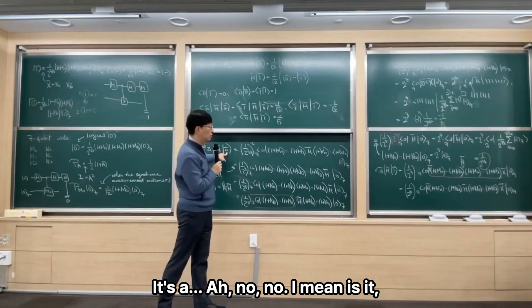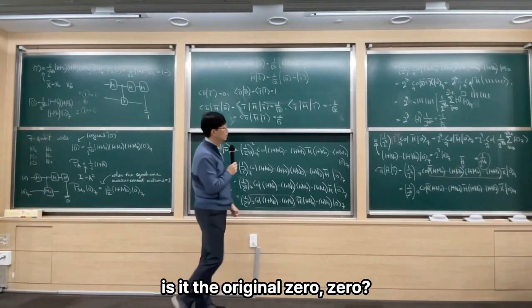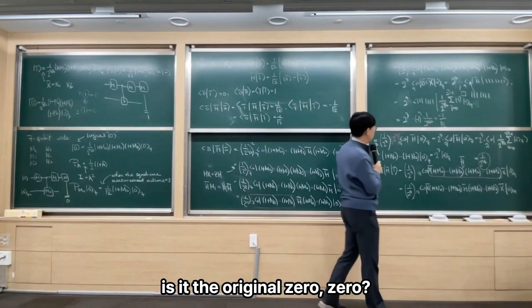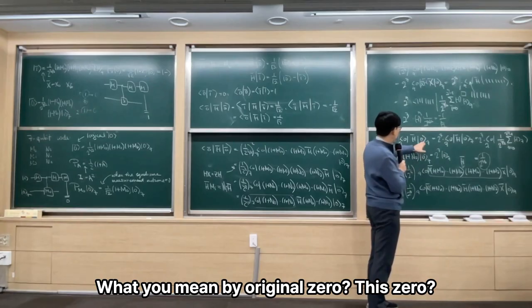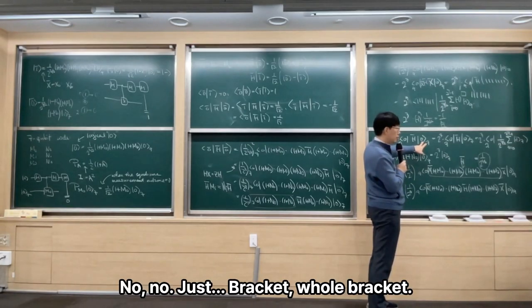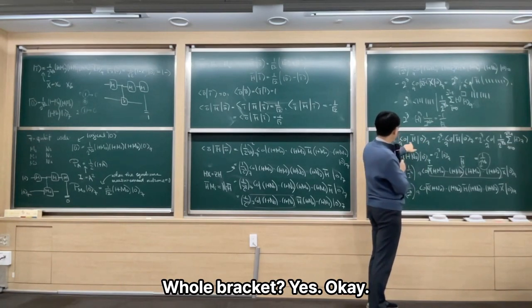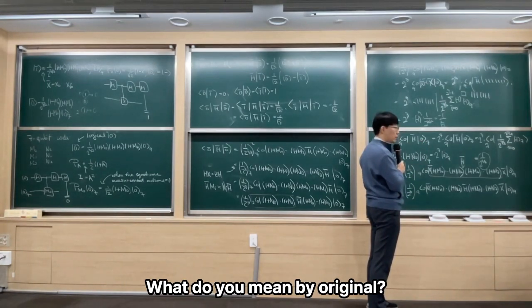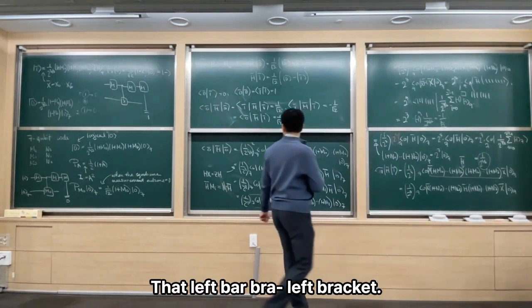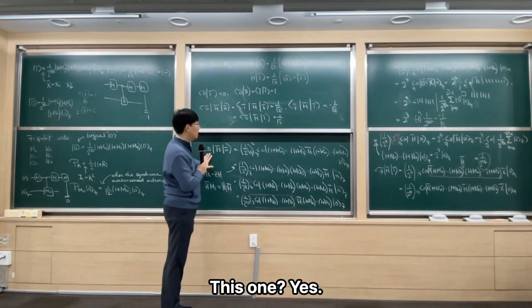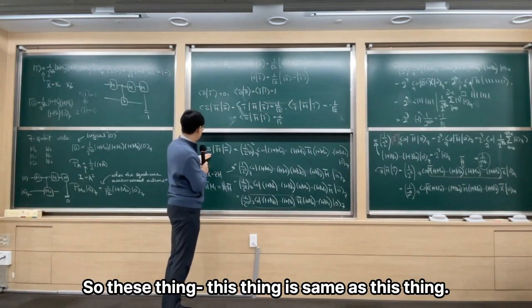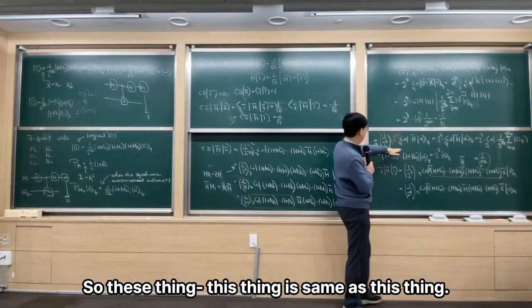I mean, is it the original 0 is 0? What do you mean by original 0? This 0? No, just the whole bracket. Whole bracket. Yes. Okay. What do you mean by original? And just that bracket. This one? Yes. So this thing is same as this thing.